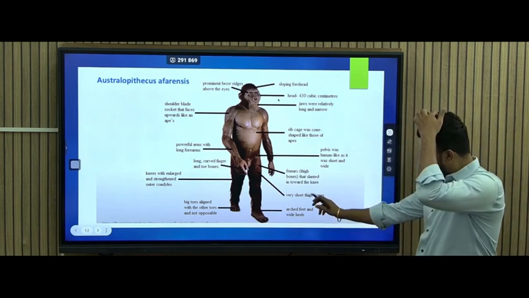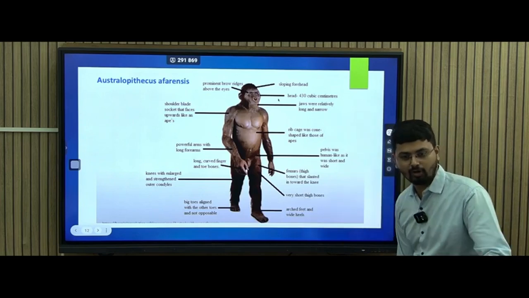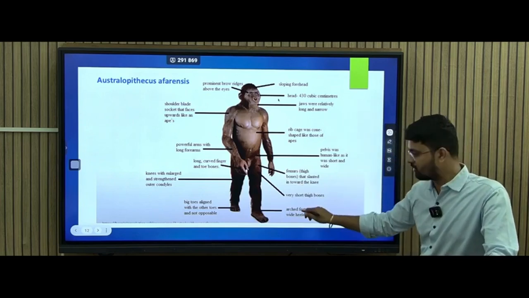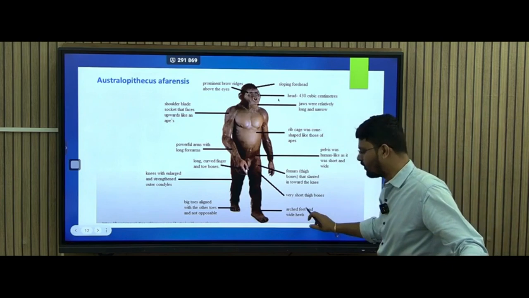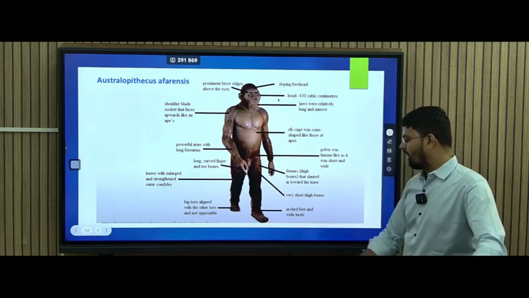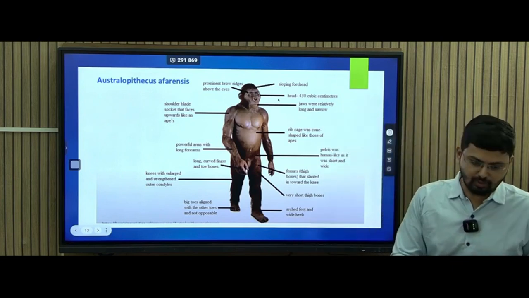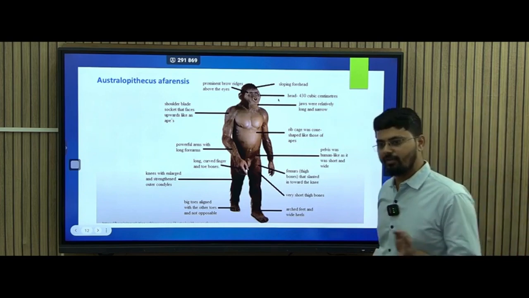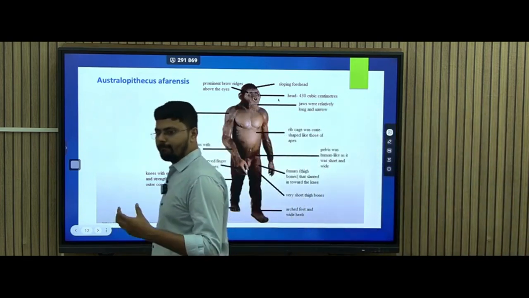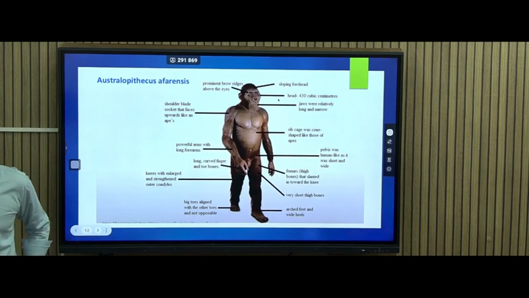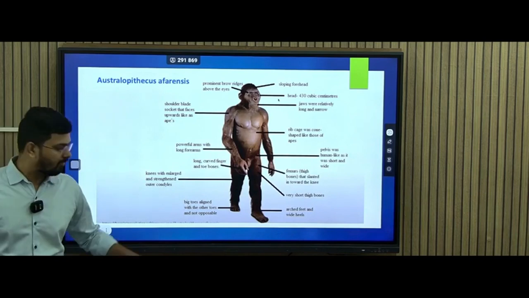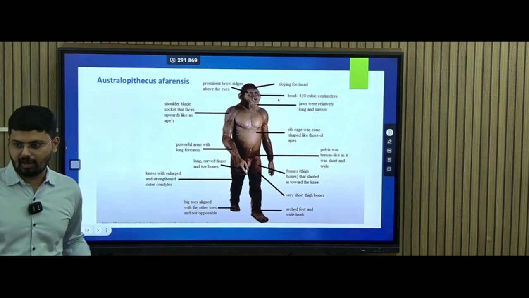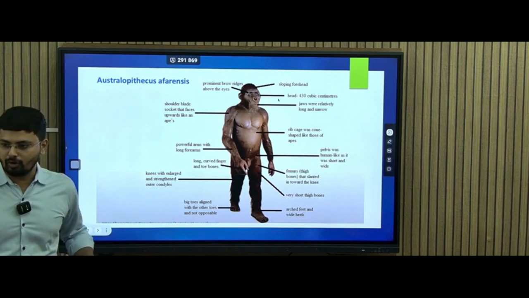And next, very short thigh. We have long thighs, whereas they have short thighs. Then the foot is arched. So in humans also, once they have become bipedal, most of the things become similar with respect to the legs and the parts of the lower limbs.